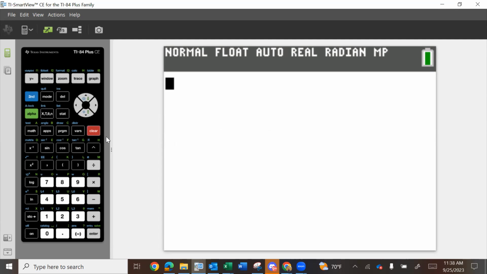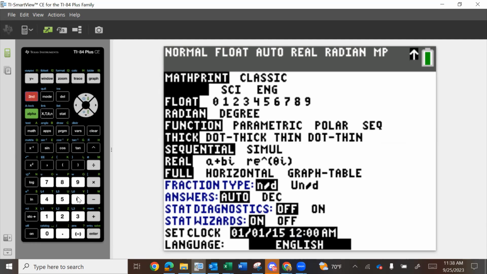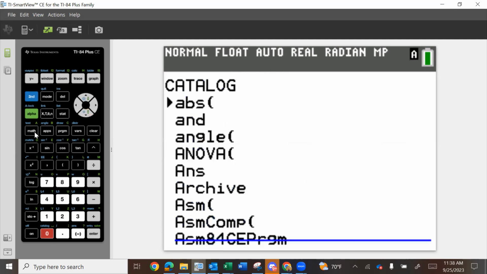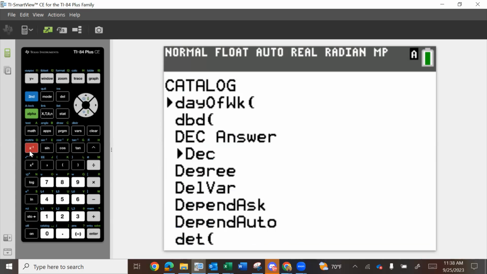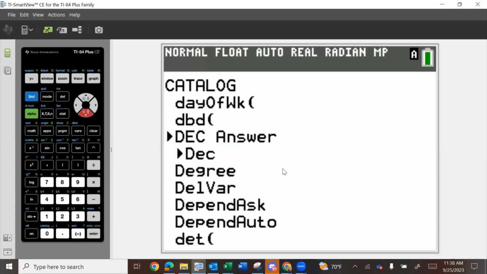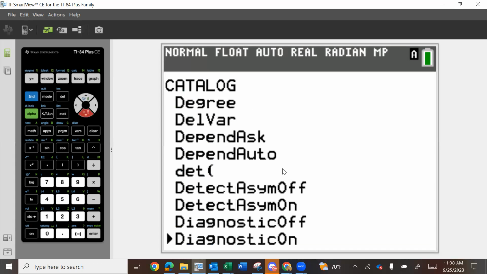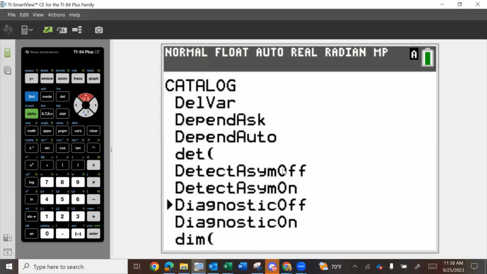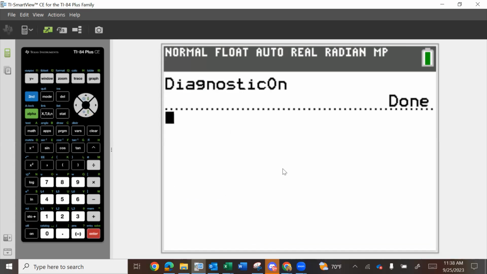So I'll go second zero to the catalog, and then go down to the D's. I'll hit this button here because it has the D over it, and go down to diagnostic on. I'll hit enter to select it, and enter again to execute the command.